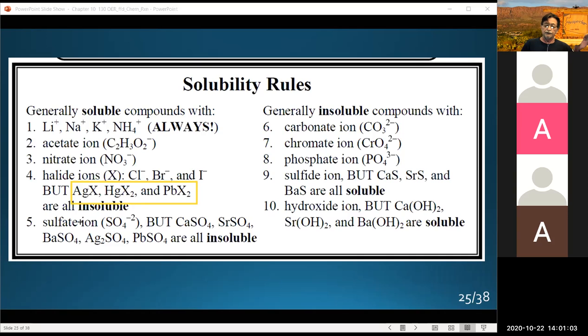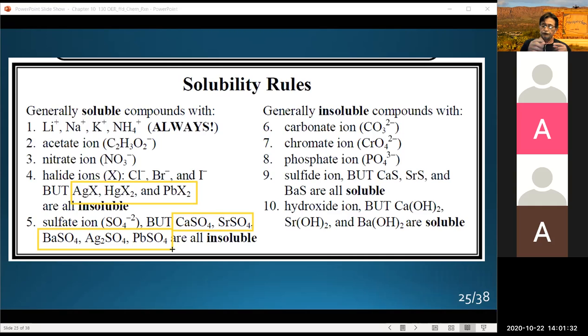All right. With respect to the sulfates, just like the halides, all are soluble except when bonded to calcium, strontium, barium, silver, or lead. Those 5 sulfates are insoluble. So that's how we use the solubility rules.